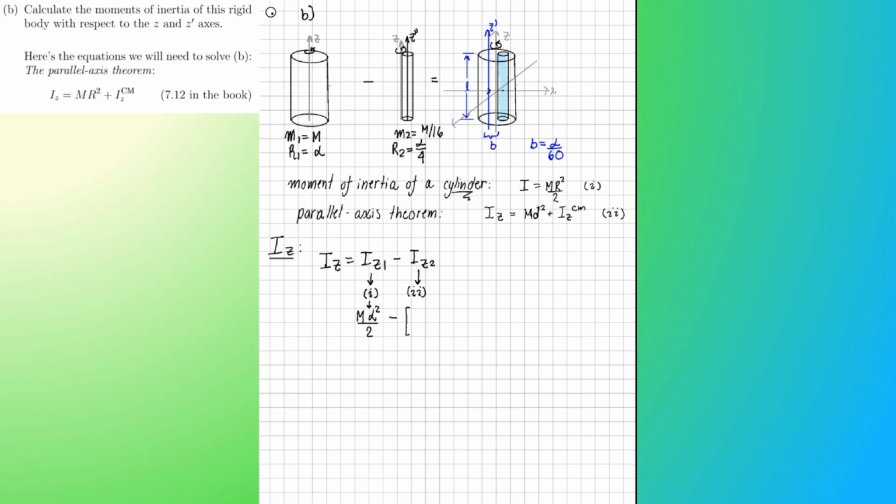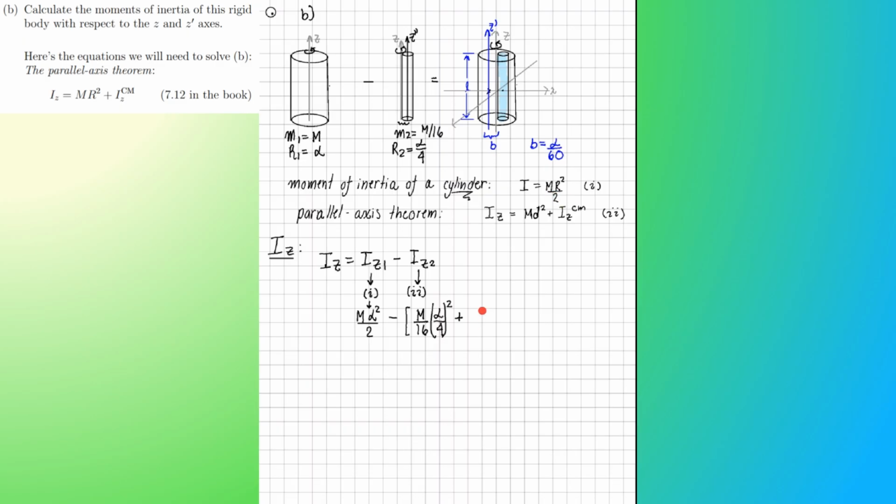So this will be equal to the mass of the second cylinder, which is M divided by 16 multiplied by d. So d here is the distance between both of our axes. So in our case, it's just R2. So multiplied by alpha divided by 4 square plus the moment of inertia around the axis that passes through the center of mass, which is just the equation number 1.